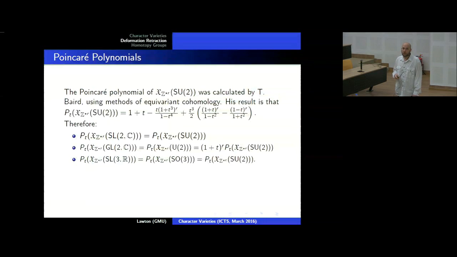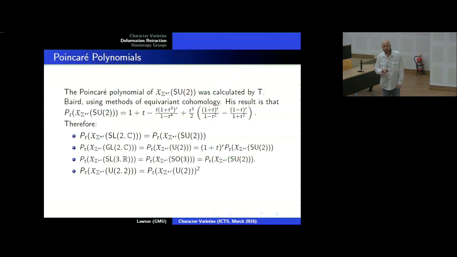So you go back to Tom's thesis and you look at all those really complicated equivariant cohomology diagrams and you trace through the Z mod 2 action and you hope and pray, and eventually you realize that the Z mod 2 is acting trivially in equivariant cohomology. And so this guy is actually the same as that guy. It's just a big diagram chase. It was really annoying. I had to ask Tom for help a few times. But it's true.